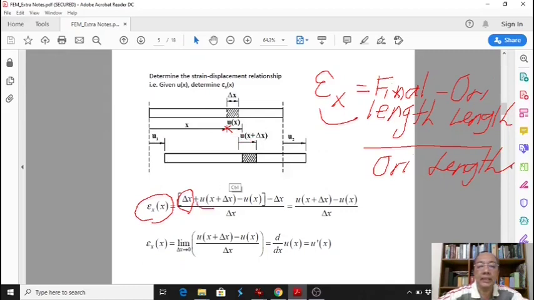All this is the distance from this point to this point.